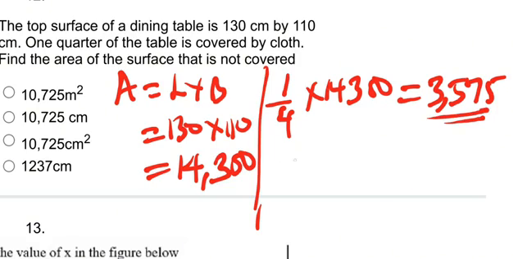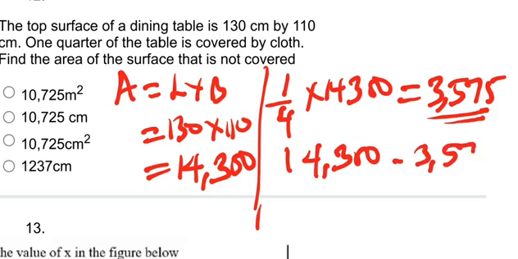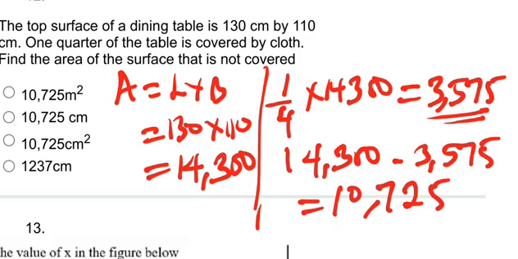That means the area not covered will be 14,300 minus 3,575, and that is 10,725, and that is this option here. So move on to the next question.